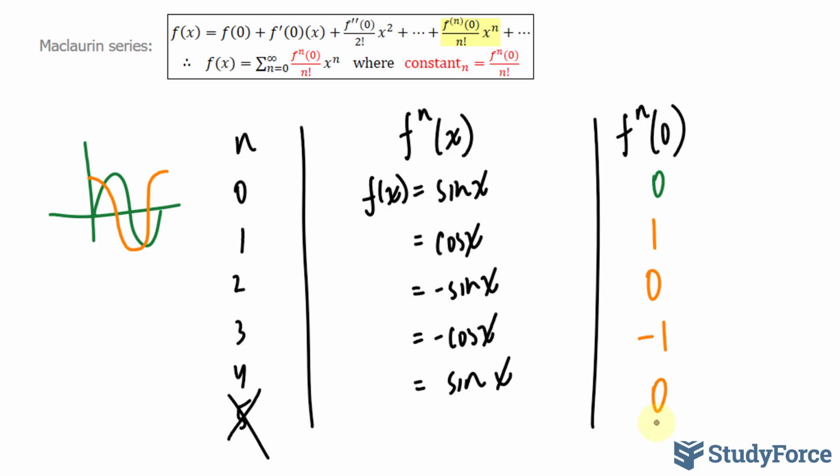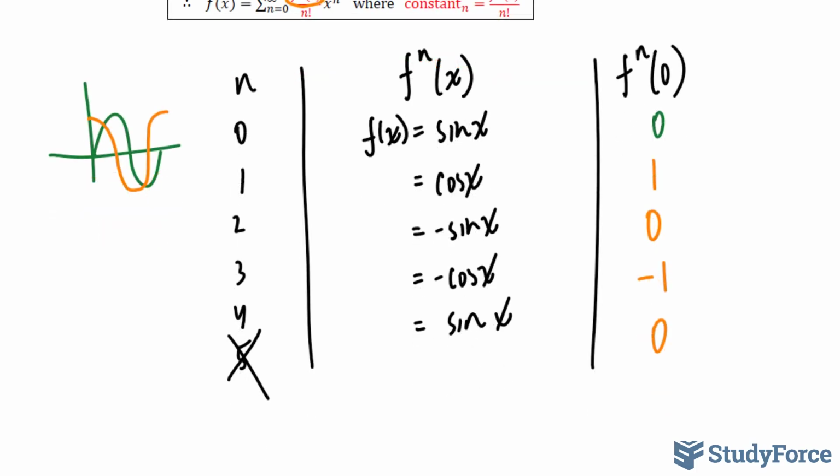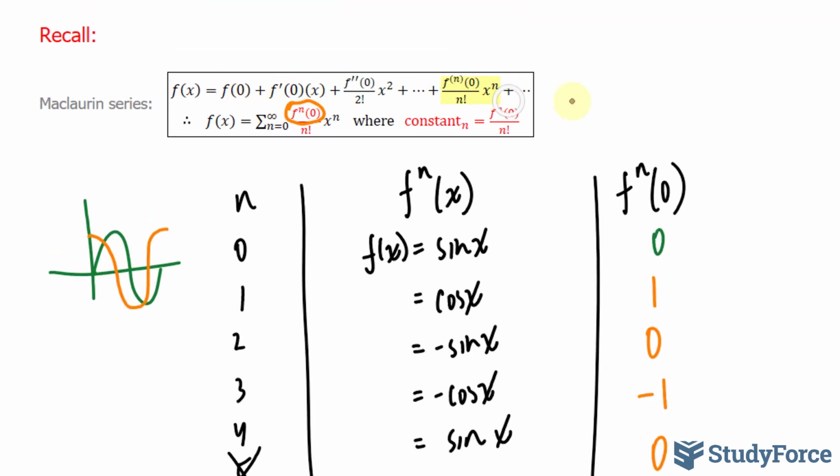So we have to create a general formula for this pattern. And whatever that general formula is, it will represent the top part of this infinite series. It will represent this part. Now just to give you an idea of what this expansion looks like, remember the Maclaurin expansion looks like this.